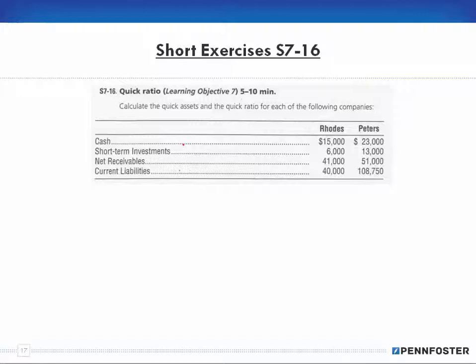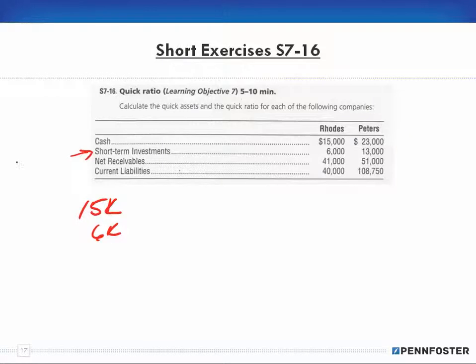In this case, for each of the following companies, let's do Roads first. For our quick assets, we have $15,000 in cash, and we have a short-term investment, which is $6,000, also called marketable securities.